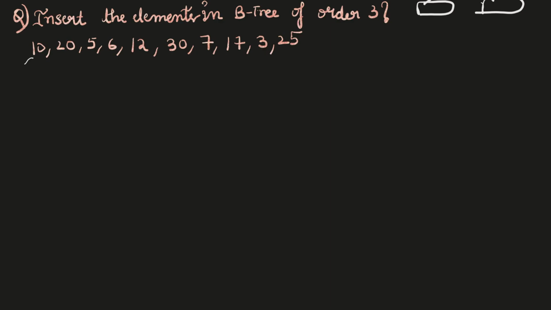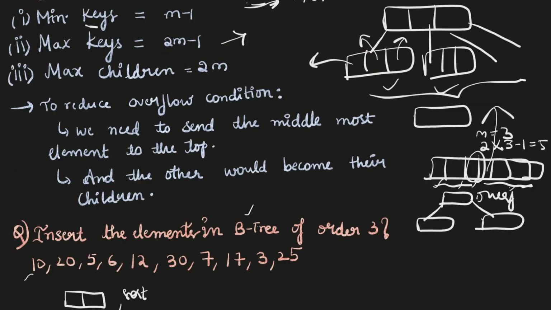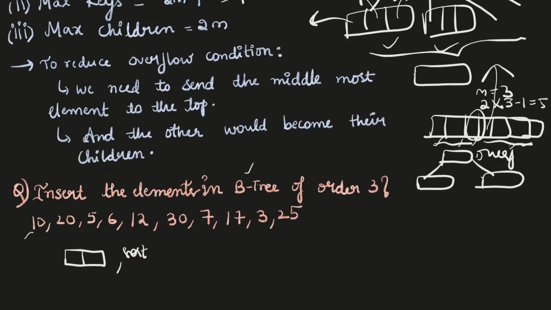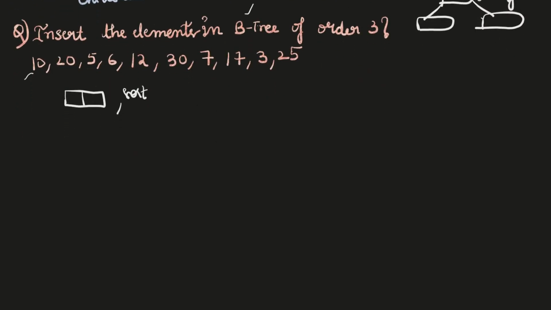So first you'll have to remember that after inserting, you'll always sort the array. No matter how many elements you sort, you'll check the condition, like is it satisfying all the three conditions of minimum keys, maximum keys and maximum children, and then you need to also reduce the overflow condition.